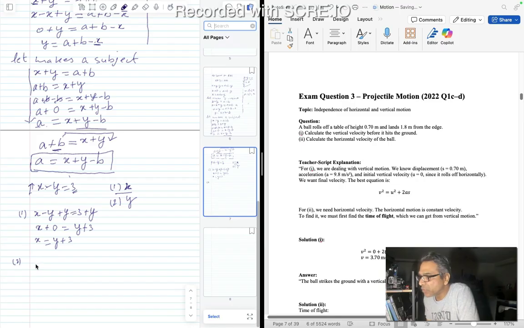To do that, we subtract x from both sides. Let's do this. 3 minus x, that's understandable. Now this will be 0 minus y equals 3 minus x. Okay.